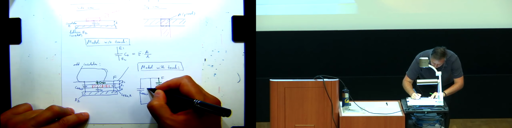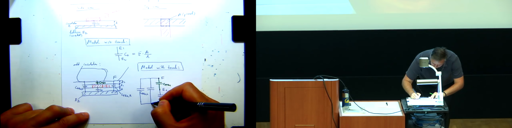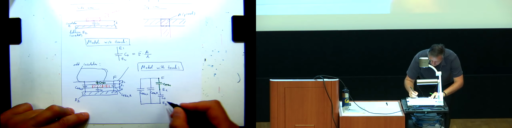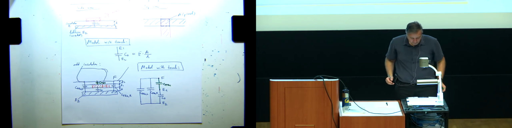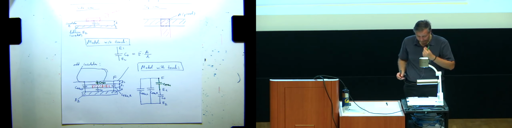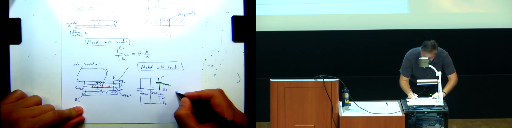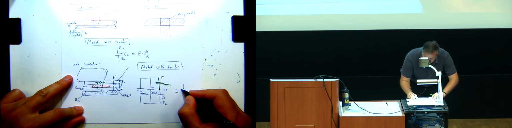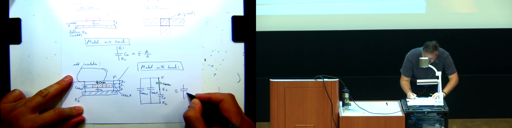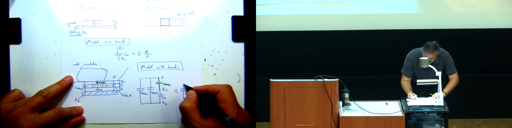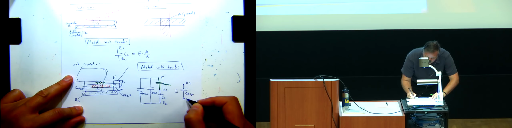And then there's another one. So what I'm interested in is figuring out what is the equivalent capacitance between nodes E1 and E2.